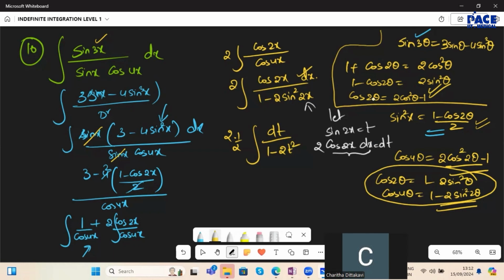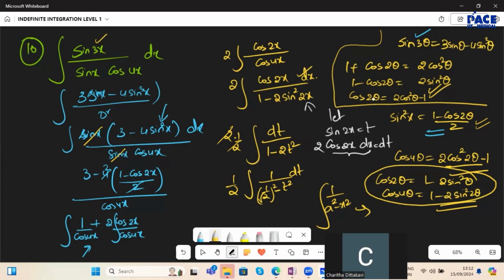Does it look like take a 2 common out? So that is nothing but 1 by 2. These two anyhow get cancelled. If I take 2 common, 1 by (1 by 2 minus t square) dt. Is this 1 by root 2 whole square? Right. So 1 by a square minus x square integration now. What is the integral of 1 by a square minus x square? Do you remember that?